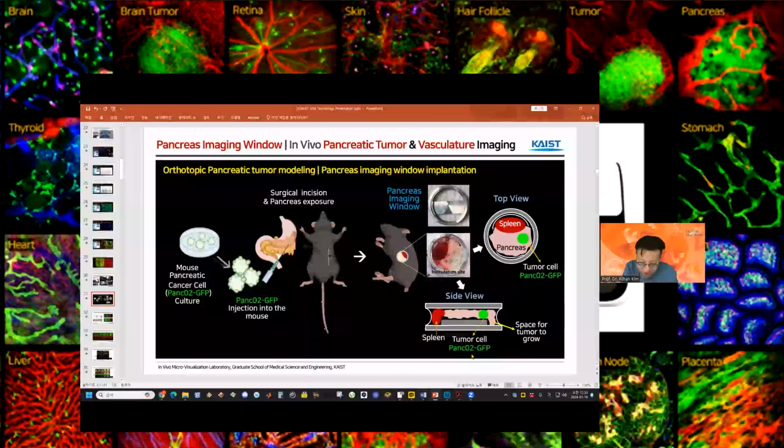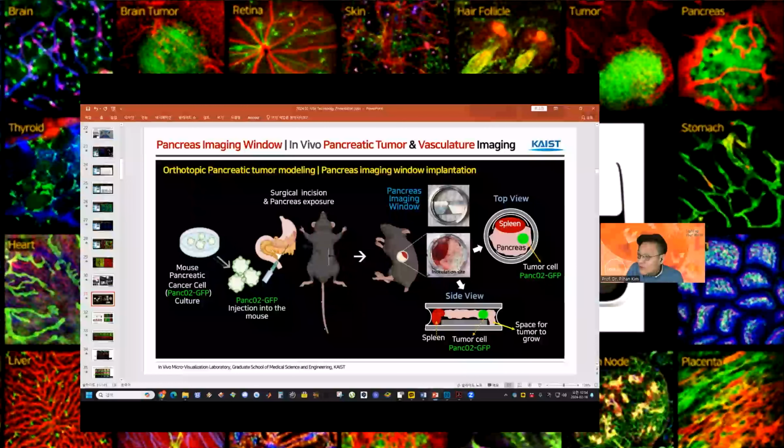But in the mouse, the pancreas looks like a sheet. So what we did was we put the spleen into this space, like this, and then we stretch the pancreas over this space, and then we inject our Panc02 GFP cancer cells around here, so they can grow into this space. This is how our pancreas imaging window looks.